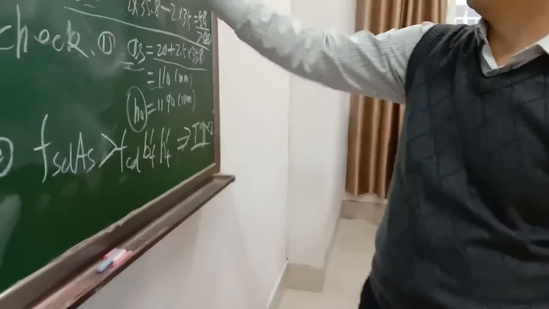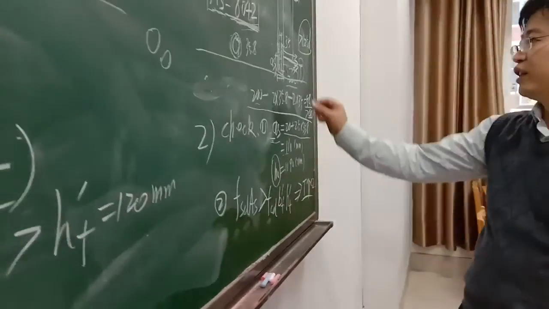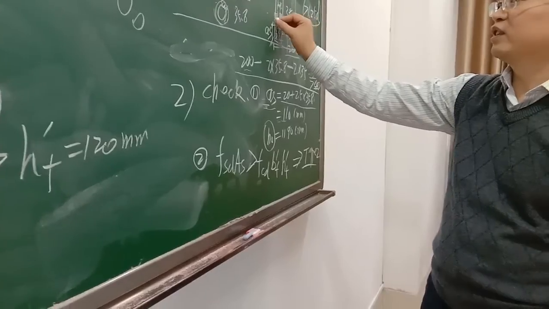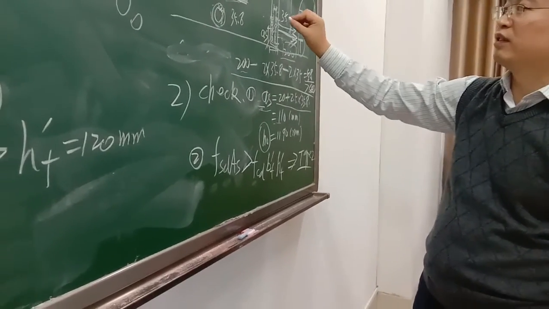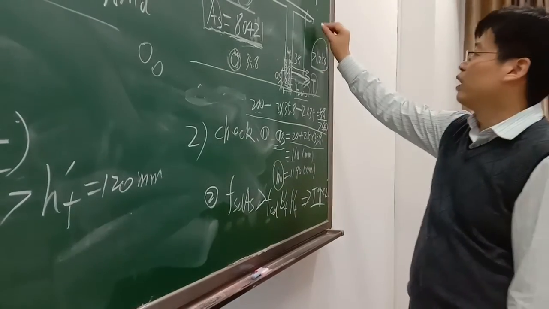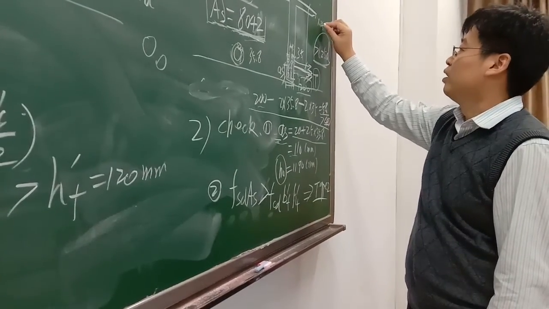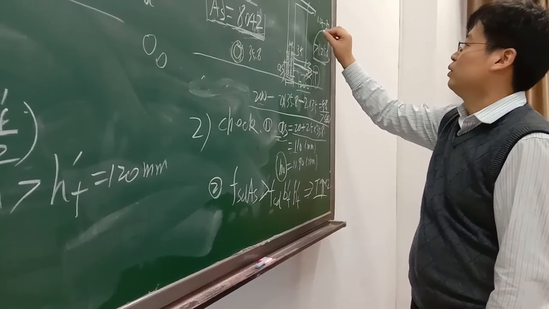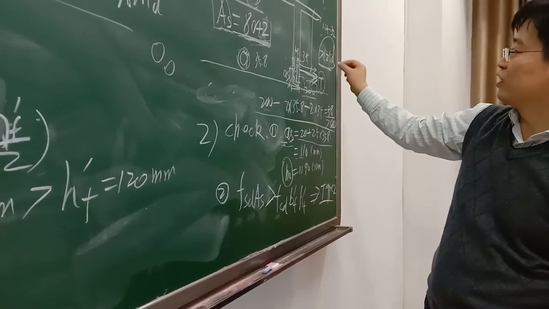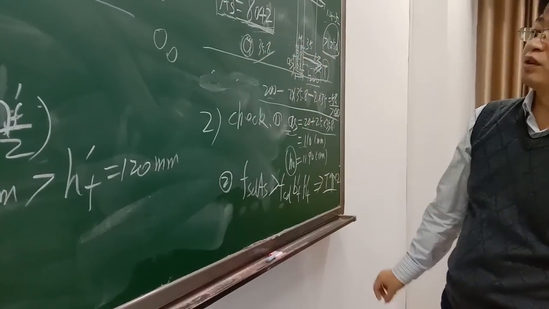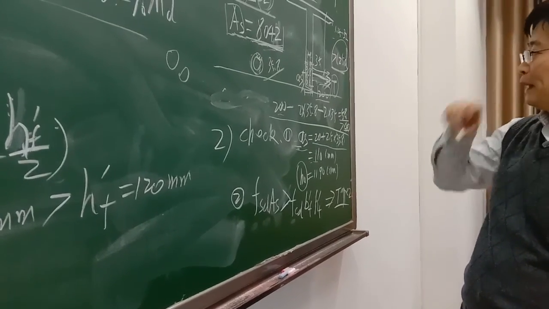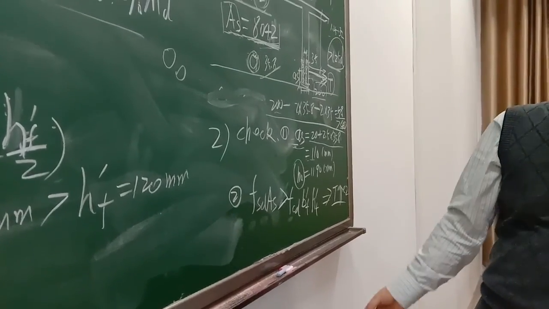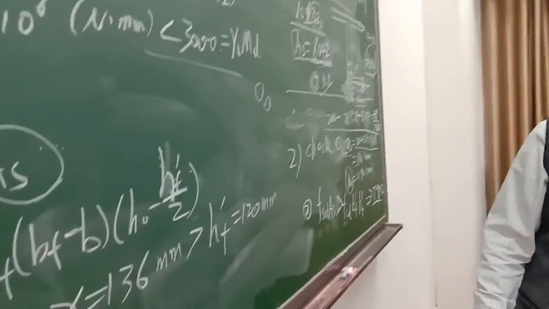So you check that the space between these columns is larger than 1.5 times the diameter. Here they use 32, they didn't use 35.8. So this is the whole content of this example.